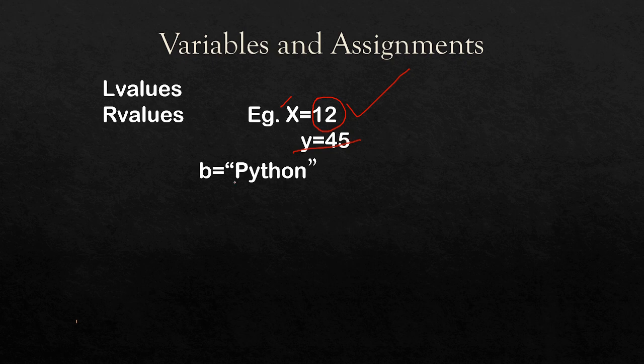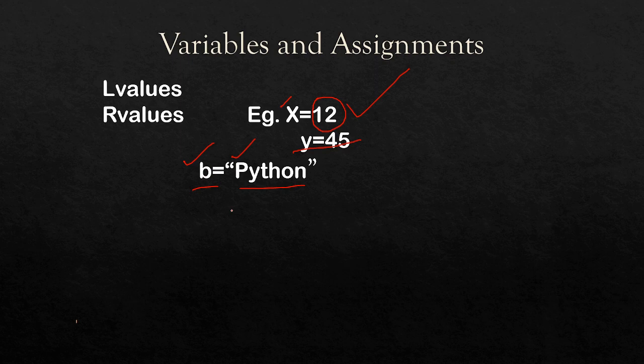In the second line, b equals Python, if I am storing a string, this is a string in Python. If I am storing a word within quotation marks, that is a string type in Python. We will see different kinds of literals.